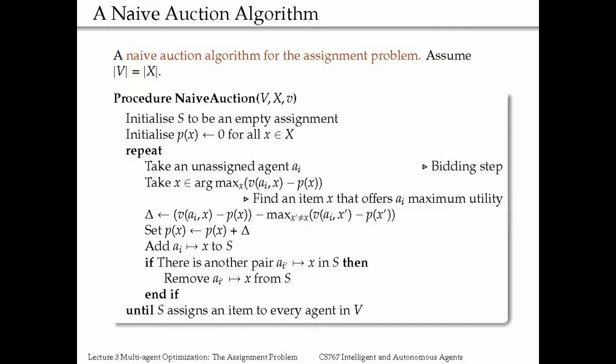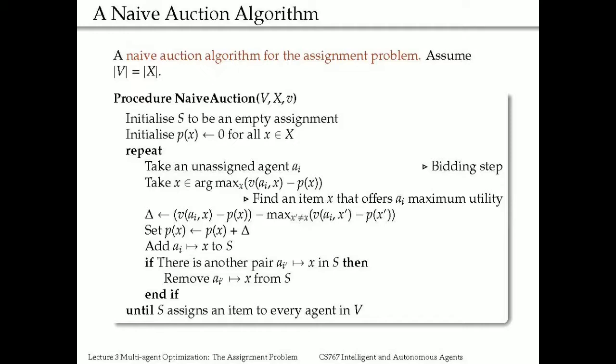And also, if there is another pair where X was already assigned to some other agent, this person needs to be released from this item, because this i prime person is no longer the holder of it. We repeat this loop until every agent has been assigned an item.